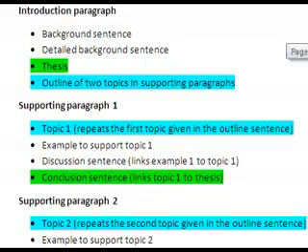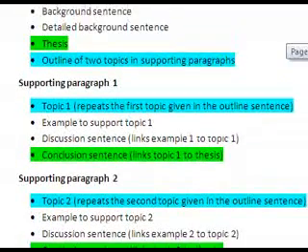That's the introduction paragraph. Now, if we look at supporting paragraph 1, it starts with a topic, and this topic was first presented in the outline of the two topics in the last sentence of the introduction paragraph. So you can see here in blue linked together. Following the topic, you give an example to support your topic, a discussion statement to link your example to your topic, and then finally a conclusion sentence.